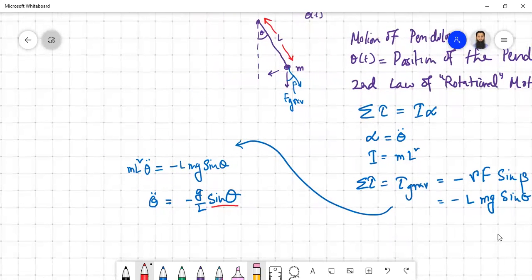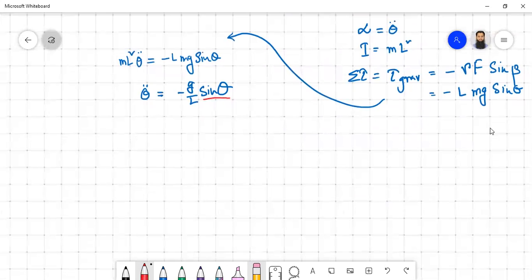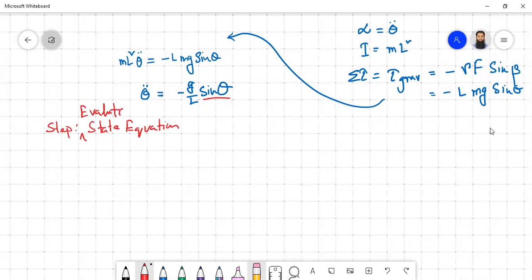Now let us try to find out the equivalent. First of all, we have to find out the state equation. So state one in this case, the evaluation of the state equations.